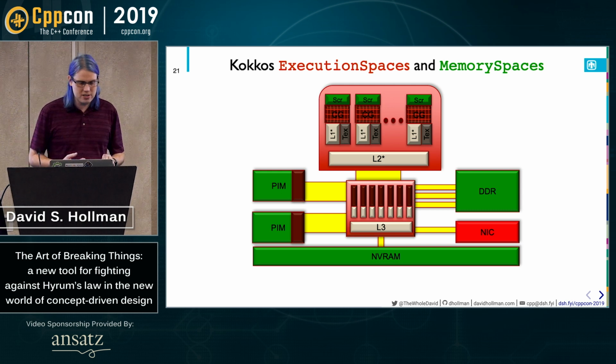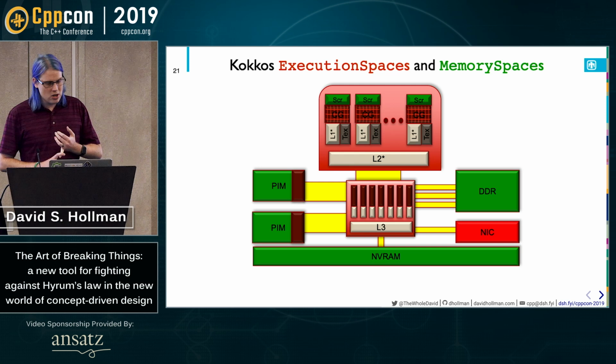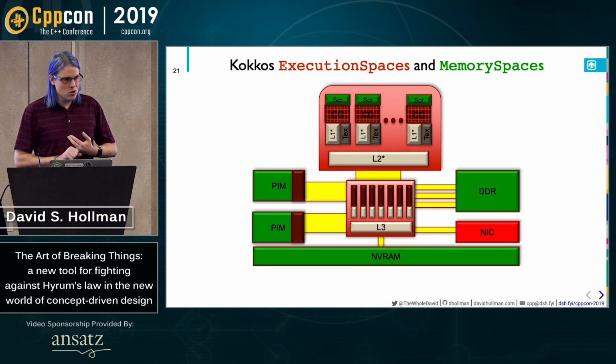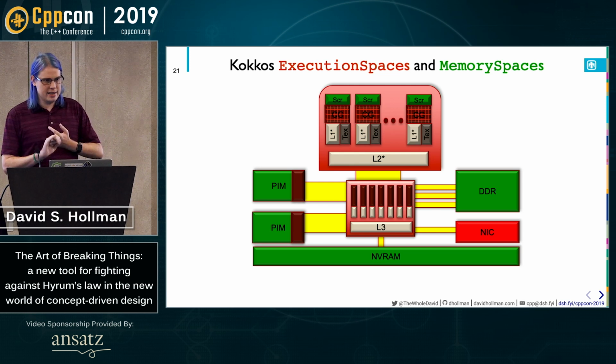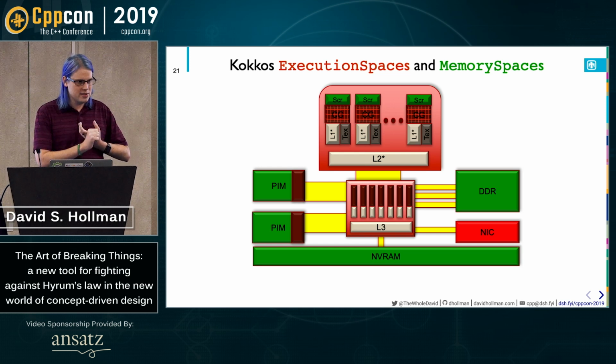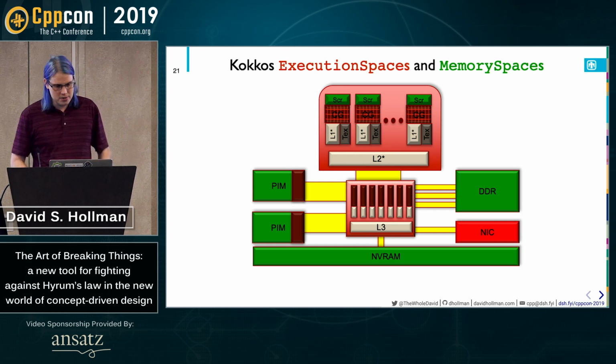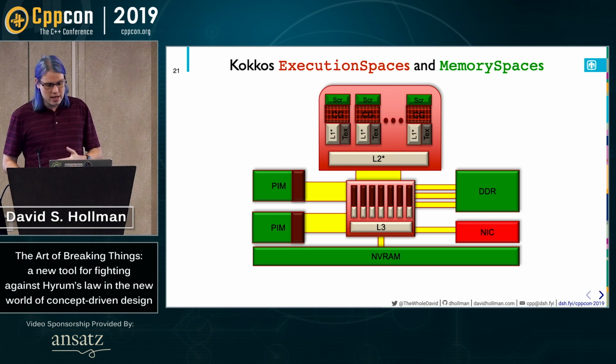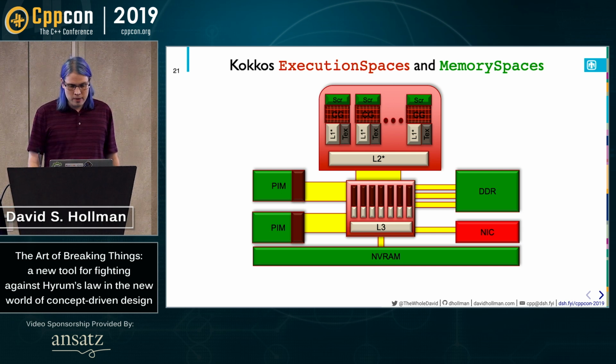Models for the execution space are things like the GPU or the CPU. You could have a NIC that has the ability to execute code on it. You could have processor and memory instructions. Those are kinds of things that we would represent as models of execution spaces. And models of memory spaces could be main memory, could be non-volatile memory, could be programmable cache or programmable scratch pads, could be GPU memory.